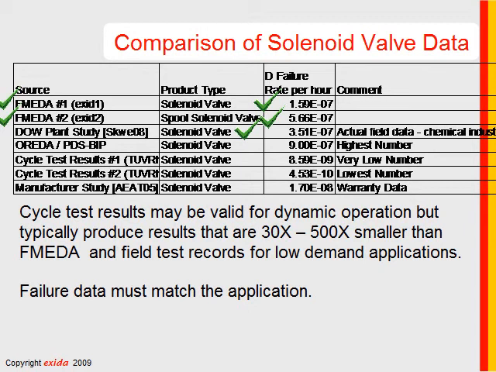They probably don't distinguish the difference between a spool type and a pilot operated and so forth. The ARETA data for a solenoid valve is the highest number. It shows 9 times 10 to the minus 7, so the ARETA is not quite twice as much as the upper end FMEDA data.